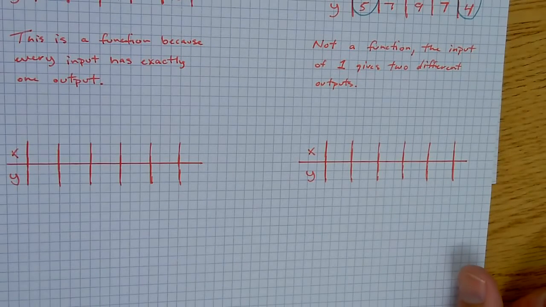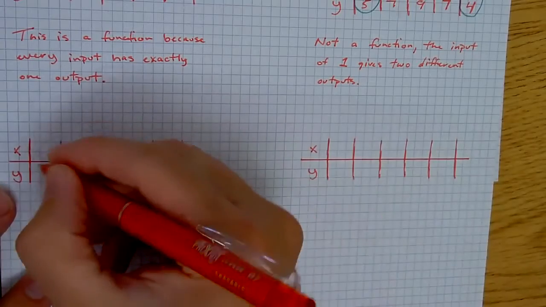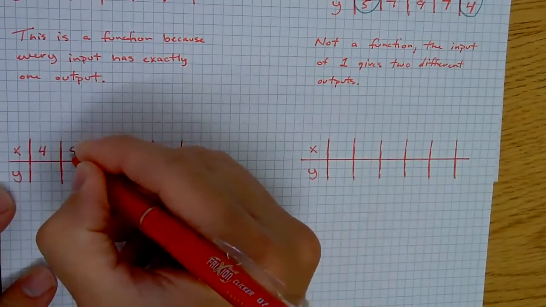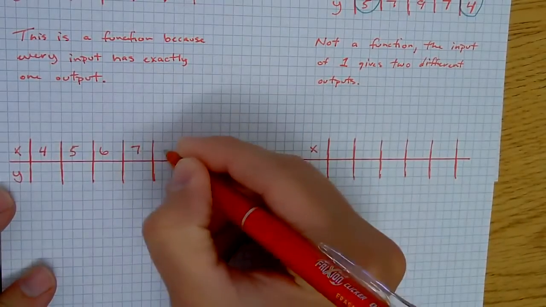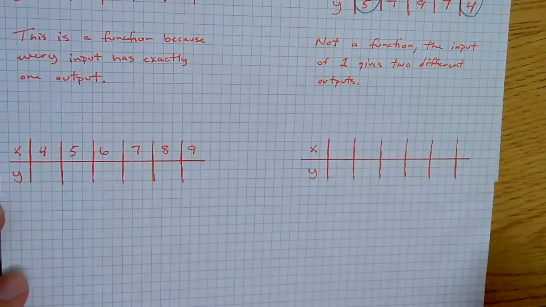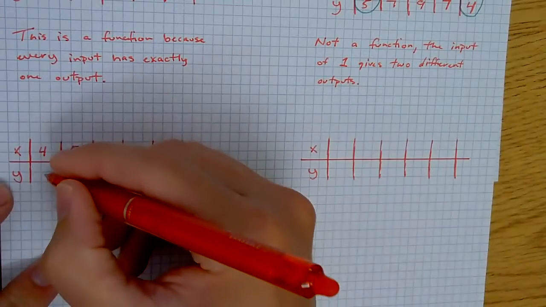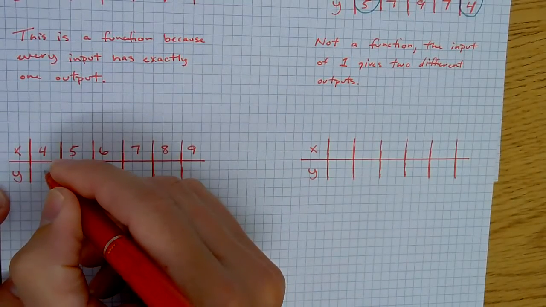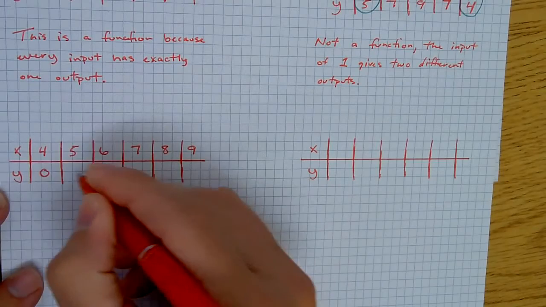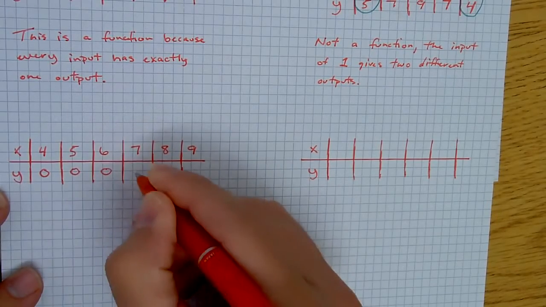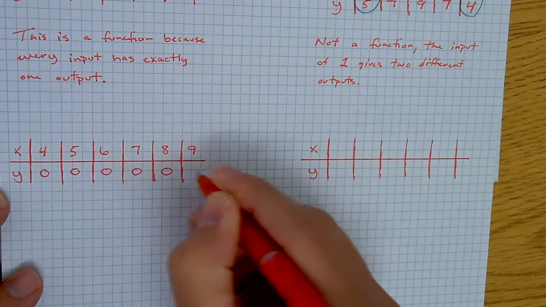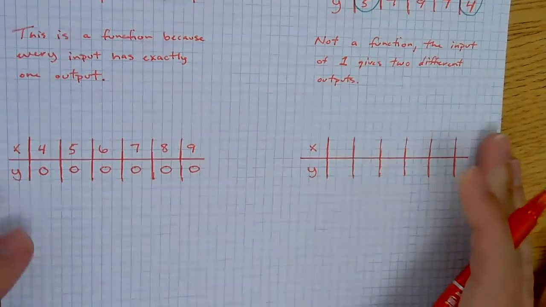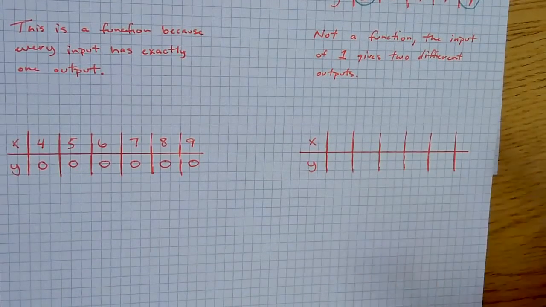And another example you'll see a lot, people trying to trick you. So let's say we have inputs of 4, 5, 6, 7, 8, 9, whatever. And let's say they all have the same output.